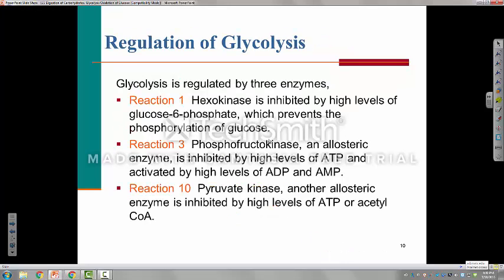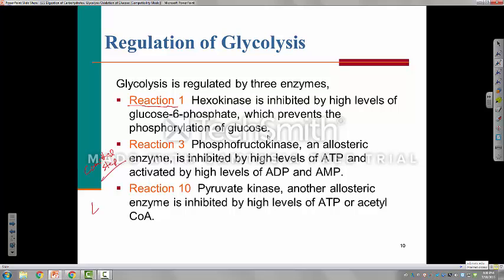So I made a point of talking about which enzymatic steps were reversible and which ones weren't. And the reason for that is the irreversible ones are the ones that are going to be used for regulation. So the first step, number 1, hexokinase, is going to be regulated. It's irreversible. Reaction number 3, if you remember, was the committed step.